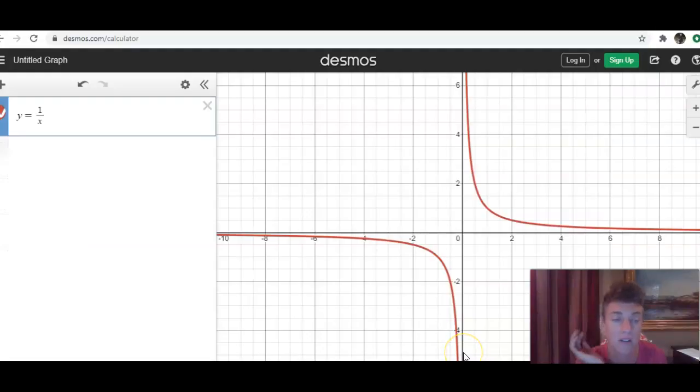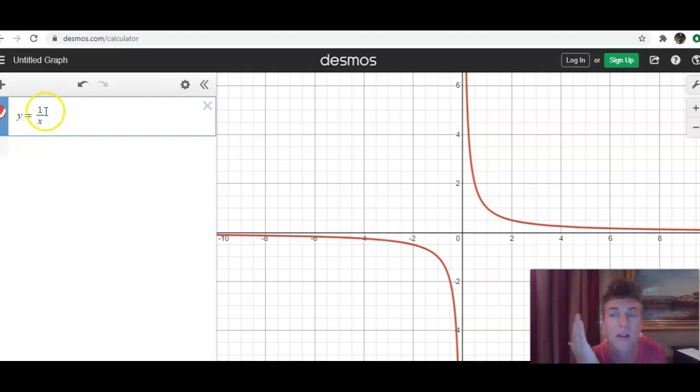Cool. Now let's talk about the range, talk about the y values. We see we go down forever, so we're going to get all the negative y values, and then something goofy happens again here at the 0. We will not ever touch 0 in our y values, and then we skip over, and we go up to positive infinity again. Why do we never touch the 0?